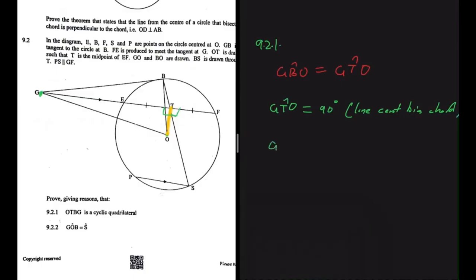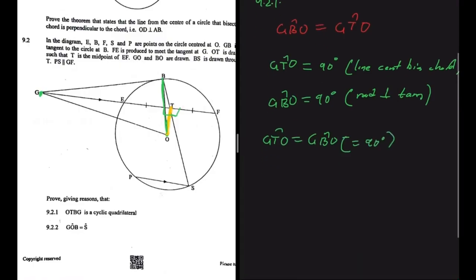Why are we saying GBO is equal to 90 degrees? Because this radius here will be perpendicular to the tangent, right? We know that fully well. So now we've proved that GTO is equal to GBO because they're both equal to 90 degrees, right?